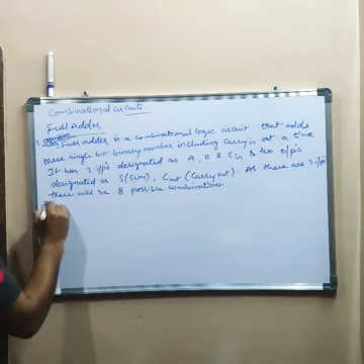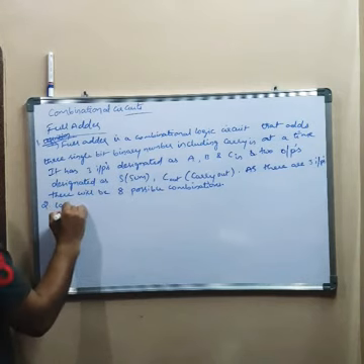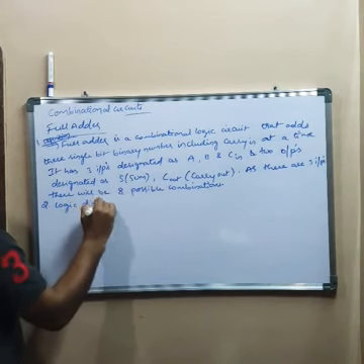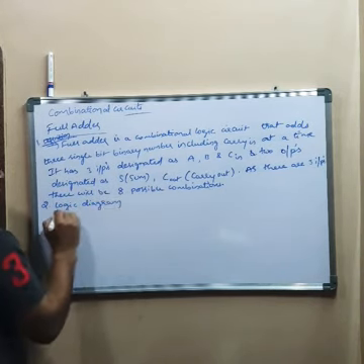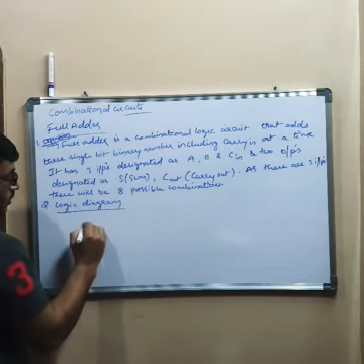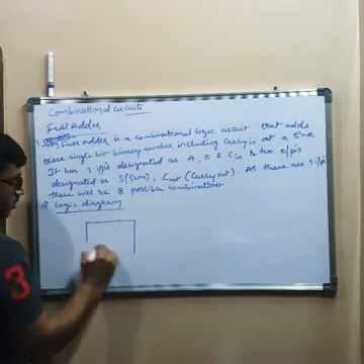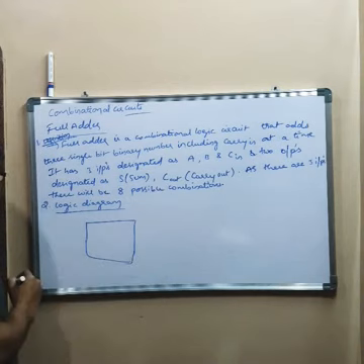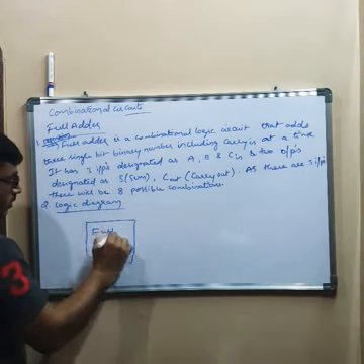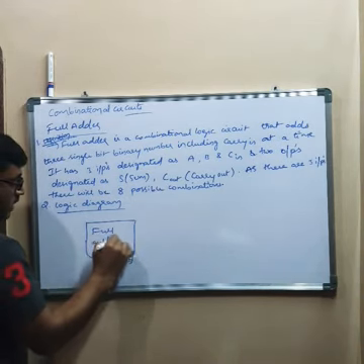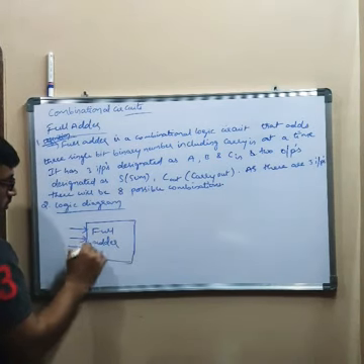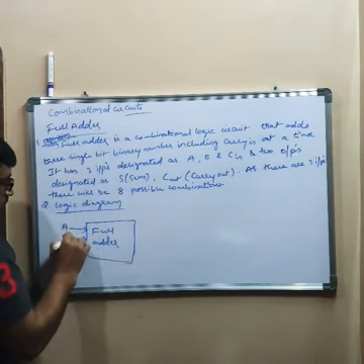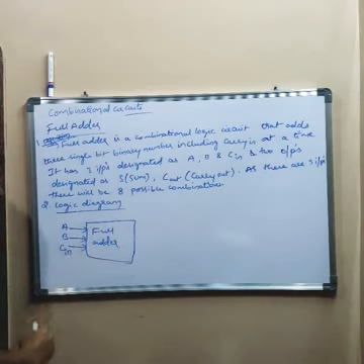Right. Let us go to the next one, logic diagram. So this is full adder. How many inputs does it have? 3 inputs, A, B, C in.